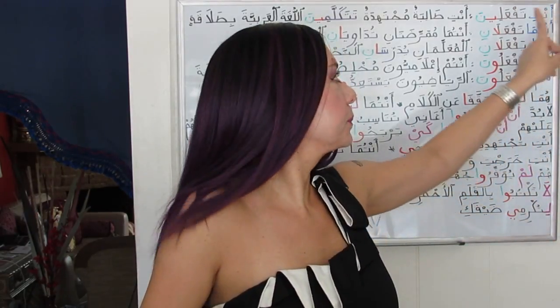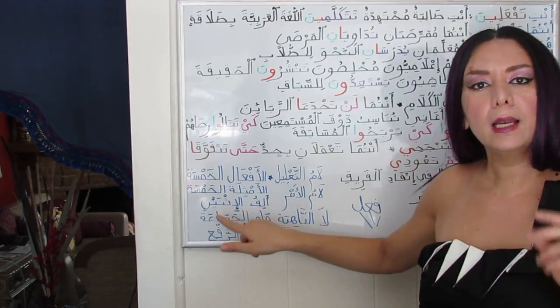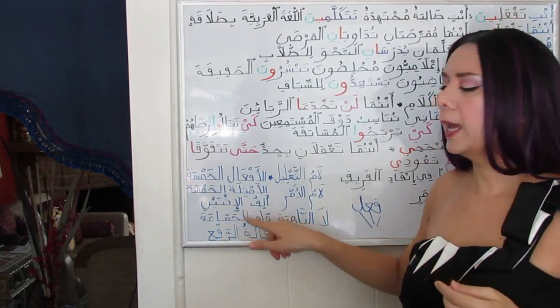The 5 verbs, let's recap, are the ones conjugated in the imperfect tense with the suffixes ya, of the second person singular feminine, and the dual ألف, ألف الاثنين, dual ألف, referring to the second and third person dual.